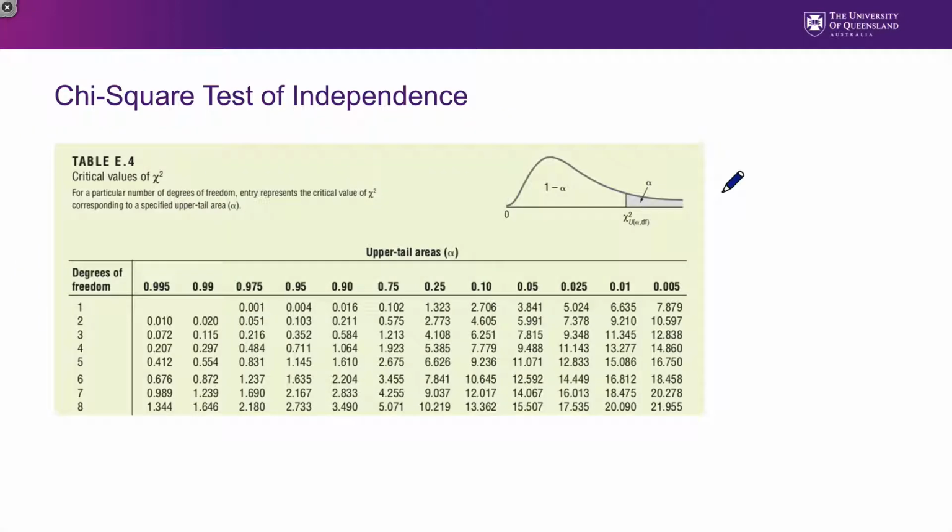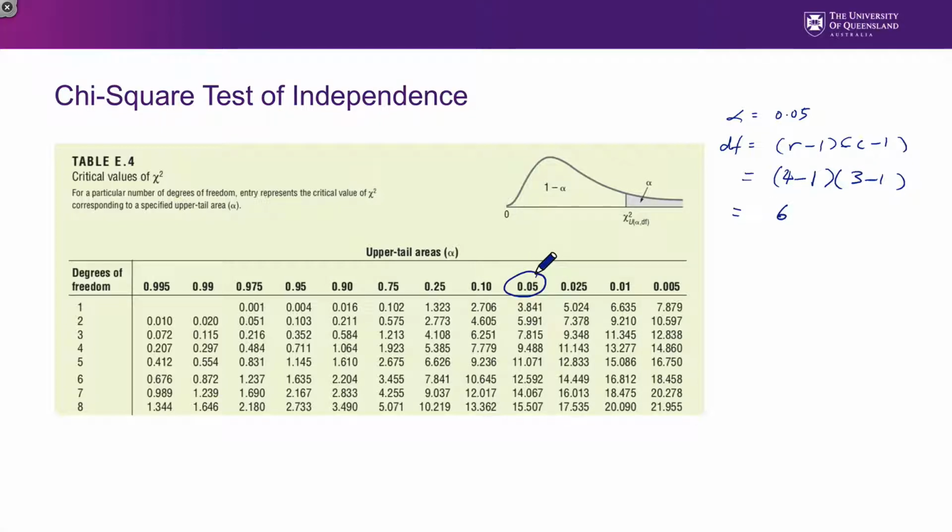So looking at our chi-square critical, we need alpha, which is 0.05, and we need our degrees of freedom, which is the number of rows minus 1 multiplied by columns minus 1. So in this case, rows minus 1 is 4 minus 1, and columns minus 1 is 3 minus 1, so that will give you 6.